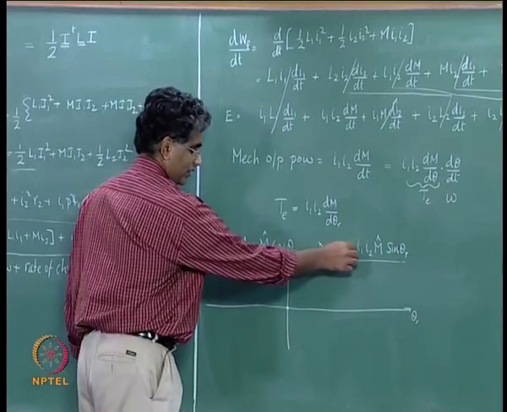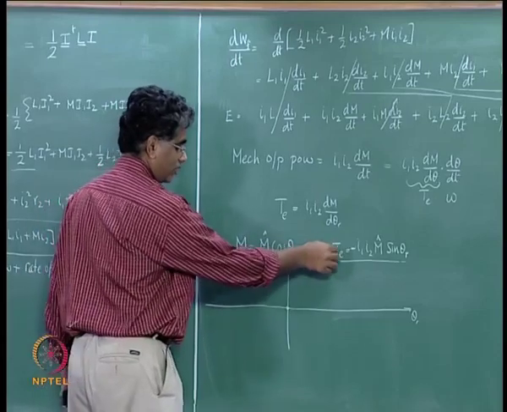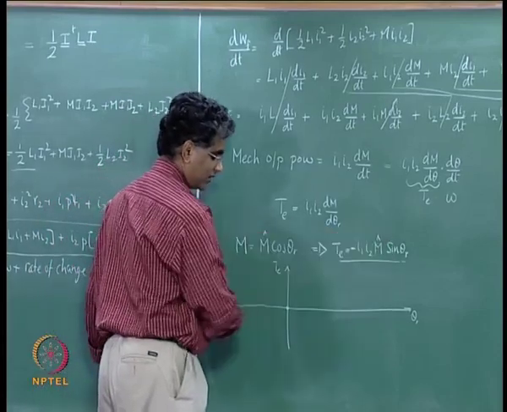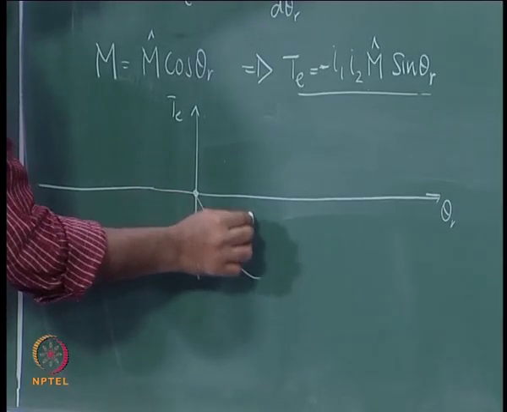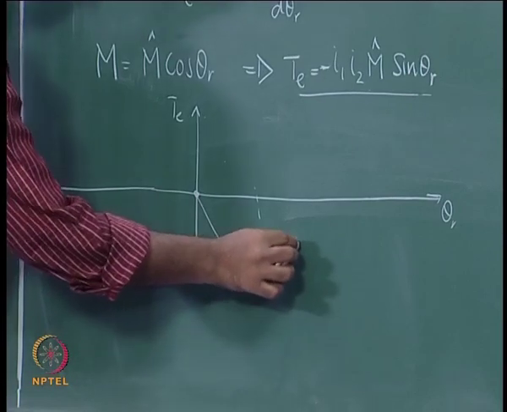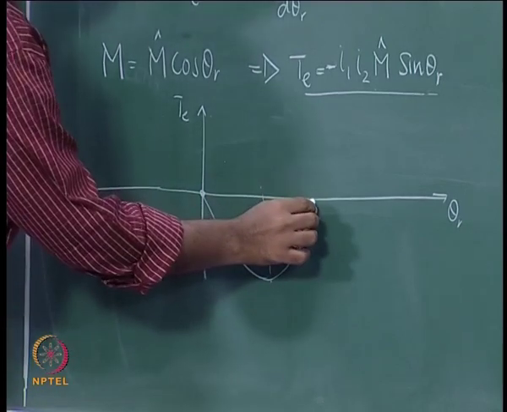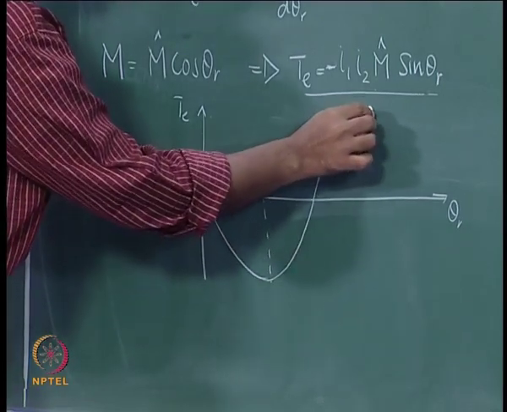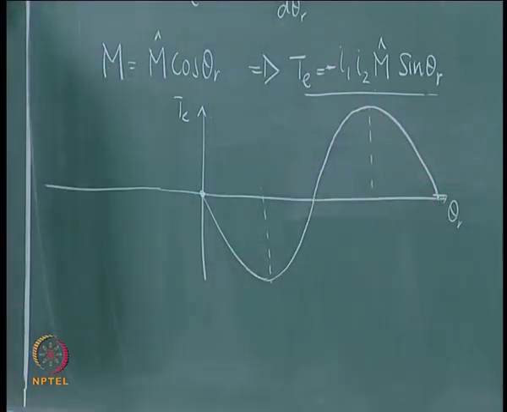There is a negative sign here, note that there is a negative sign, and therefore the wave shape of torque, if you draw this expression as a function of theta r, this is 90 degrees and then goes back to 180 and then 270 degrees and 360 degrees.